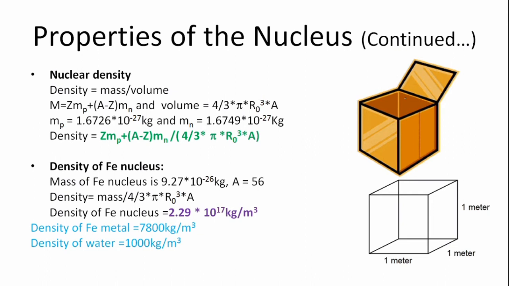The final expression for the density here is Z mp plus A minus Z into mn divided by 4 by 3 pi r naught cube into A.